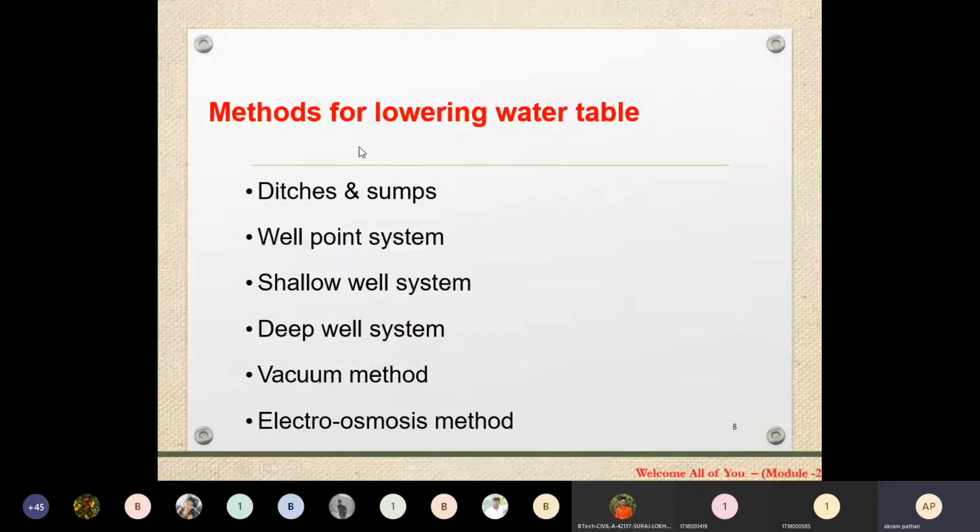Now, these are the various methods for lowering water tables. The first method is the ditch and sump, then the well point system, third is shallow well point systems, then deep well systems, then the vacuum method and electro-osmosis methods. These are the various methods by which we can dewater our working areas.